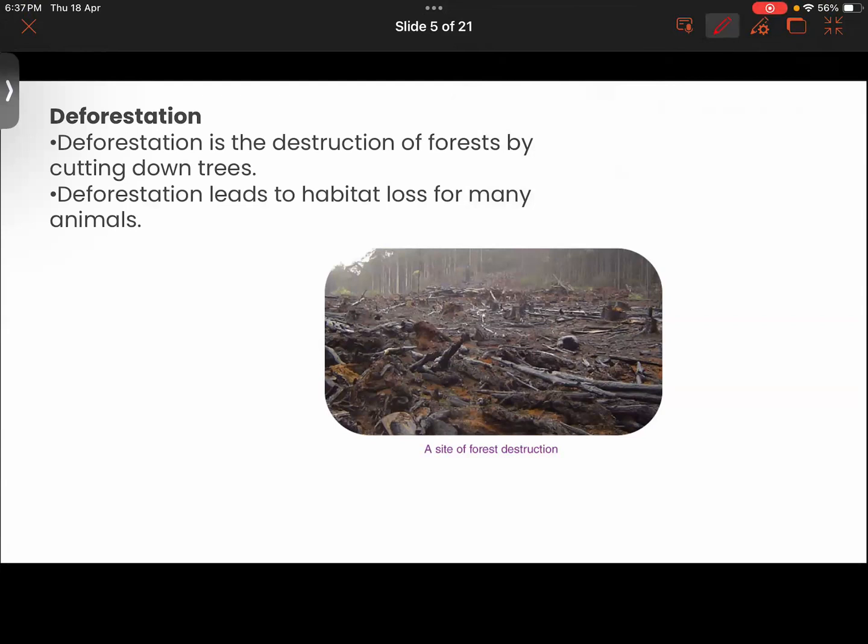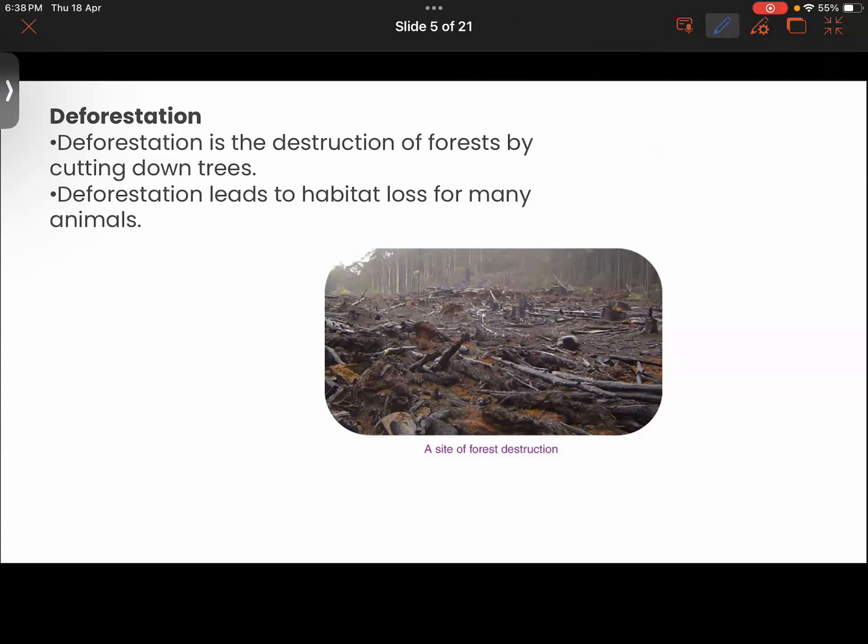We know that forests are called lungs of earth, isn't it? They are called green lungs of earth. We have studied earlier in class 7th also that plants do the process of photosynthesis. So in the process of photosynthesis, which gas are they releasing? Oxygen.